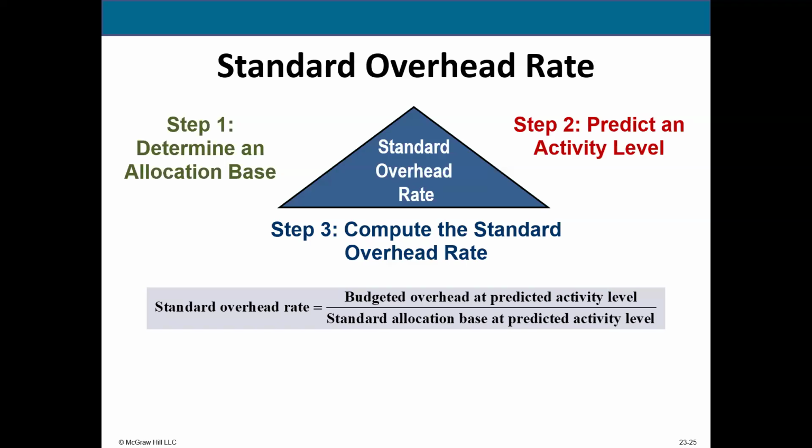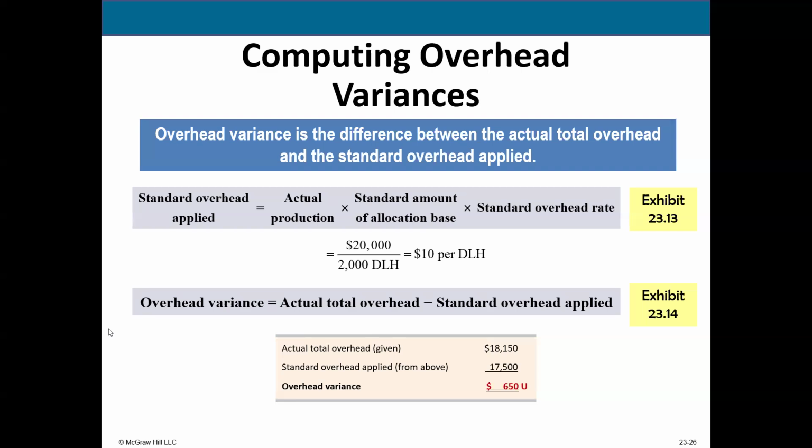And then step three is we compute the standard overhead rate. And the standard overhead rate computation is we take the budgeted overhead at the predicted activity level divided by the standard allocation base at that same predicted activity level. Okay. So once I have that, I separate out my fixed from variable, and I plug those into my formulas.